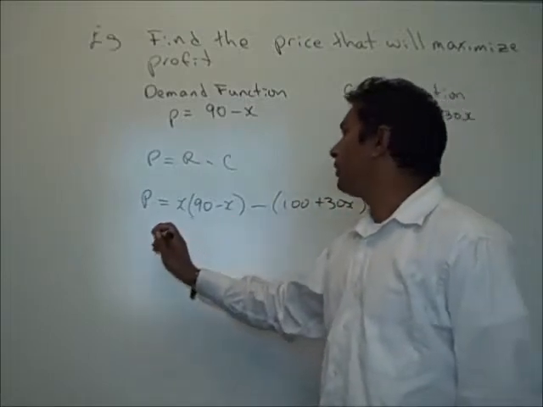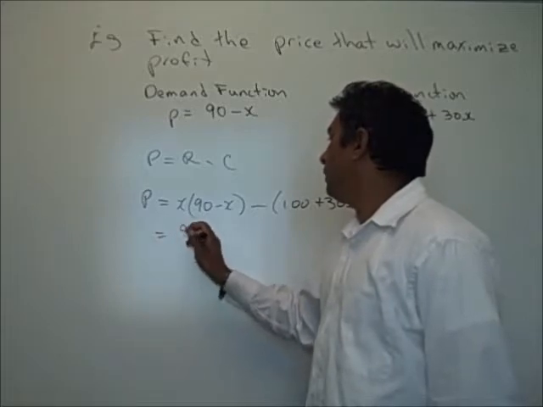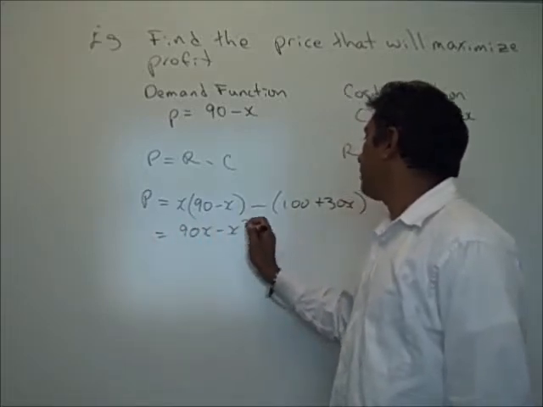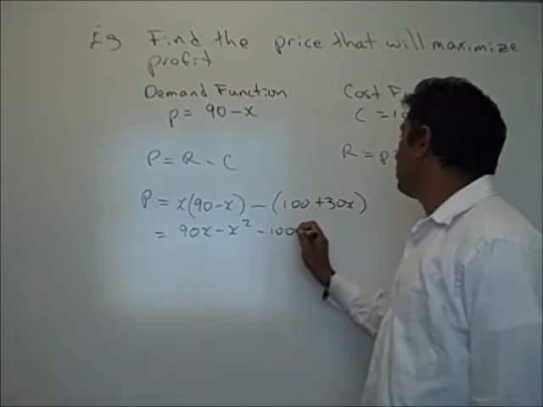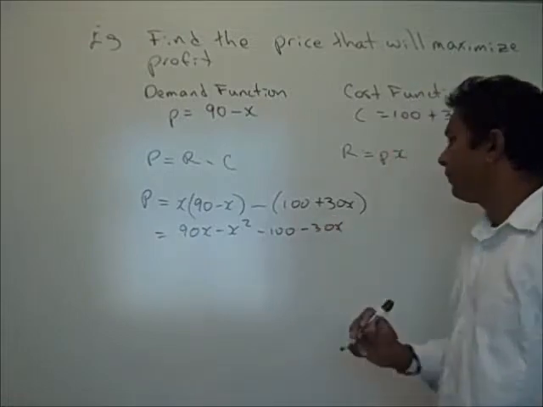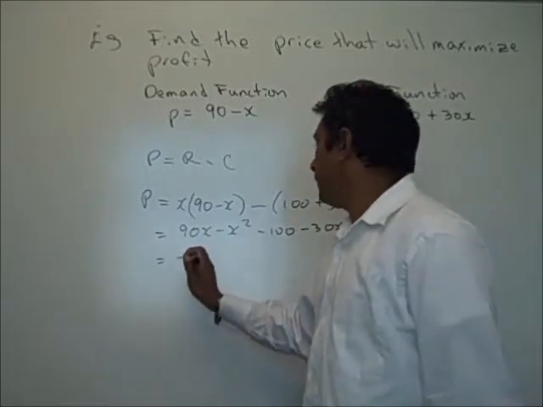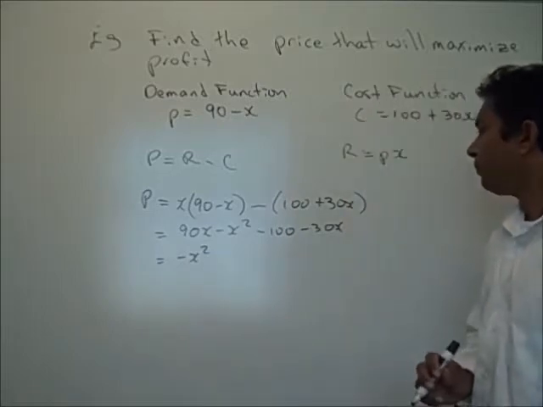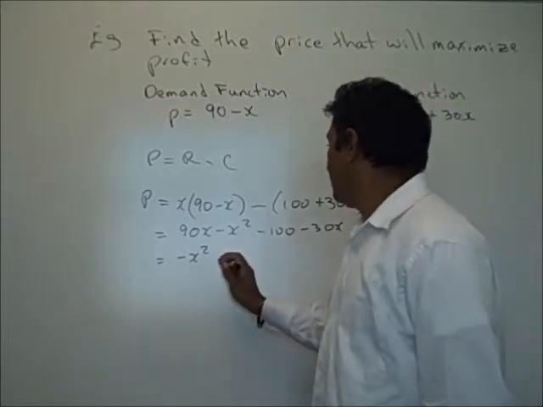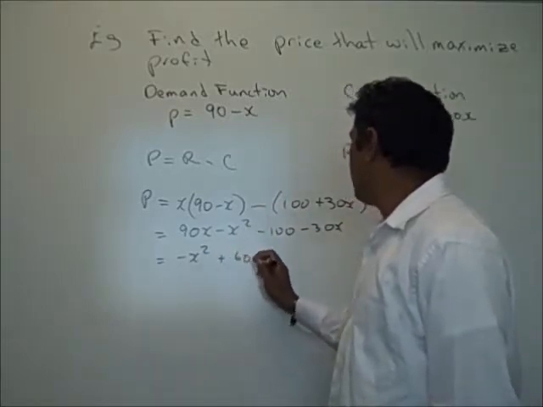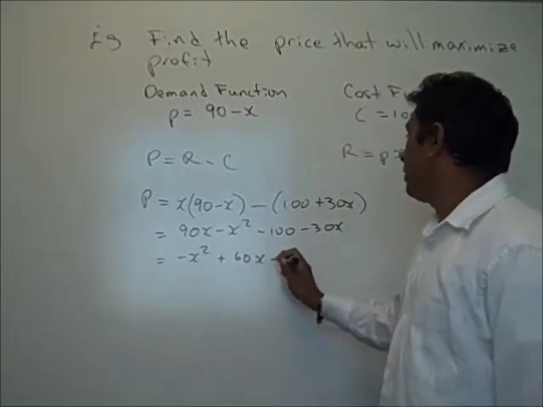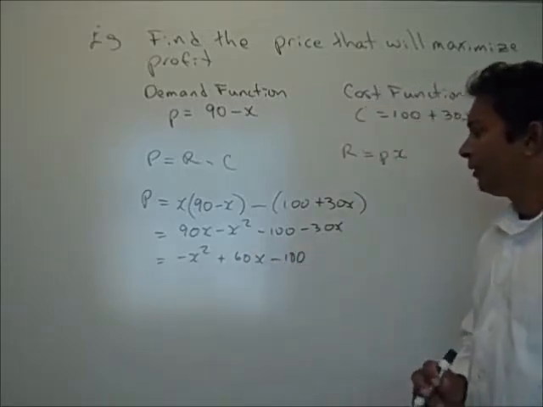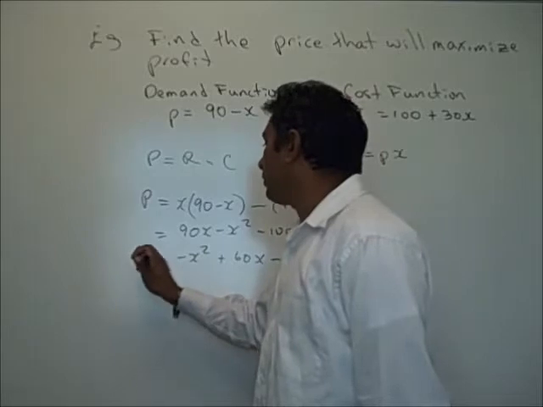If we simplify this, we have 90x minus x squared minus 100 minus 30x, or negative x squared plus 60x, since we're subtracting 30x, minus 100. So this is our equation for our profit.